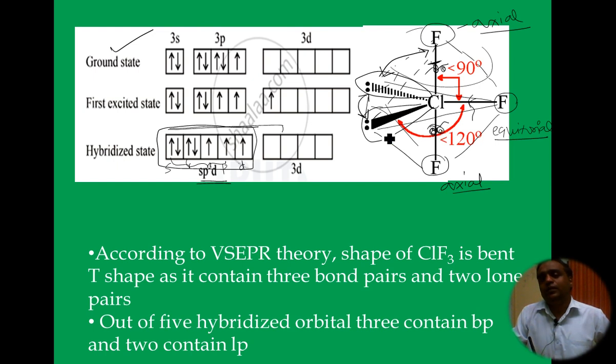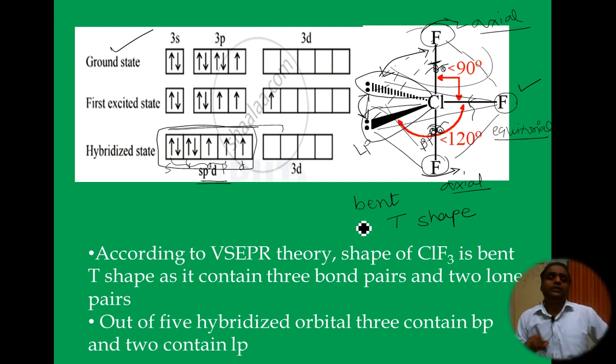Now there will be a repulsion between these lone pair electrons and these bond pair electrons. Because of that, these fluorines will try to go away from the lone pairs, or they will try to go towards this fluorine. So it will be a bent T-type, bent T shape.